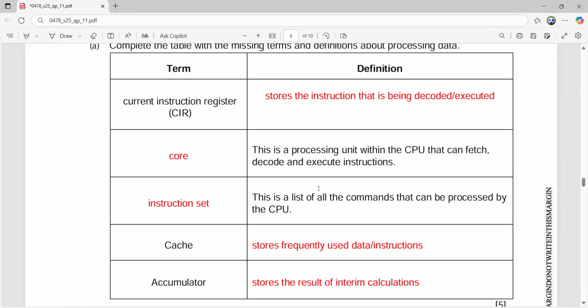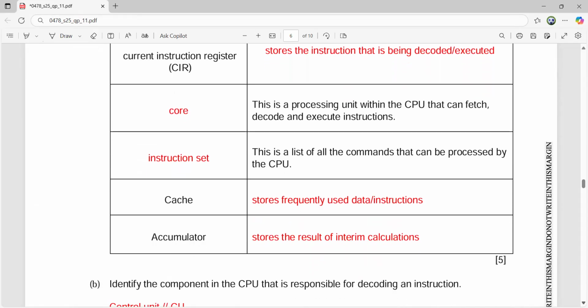Now we are asked to explain cache and accumulator. So cache is storing frequently used data, or frequently used instructions, and accumulator is storing the result of interim calculations. So when calculations are being performed by the ALU, the results of the calculations are held in the accumulator before they are moved on to the appropriate register.